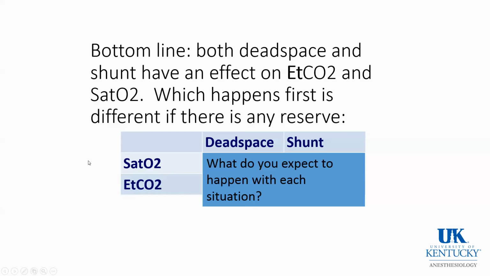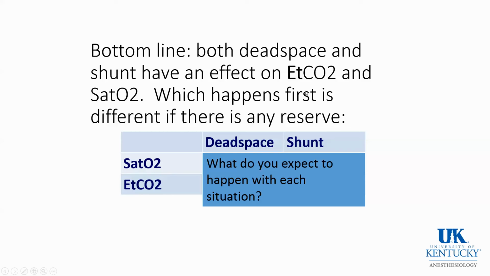So the take-home point here is the bottom line is that both dead space and shunt have an effect on end-tidal CO2. We're going to call end-tidal CO2 here because that is the non-invasive thing that we have that we can look at just looking at a patient. And the oxygen saturation, again, on the pulse ox.